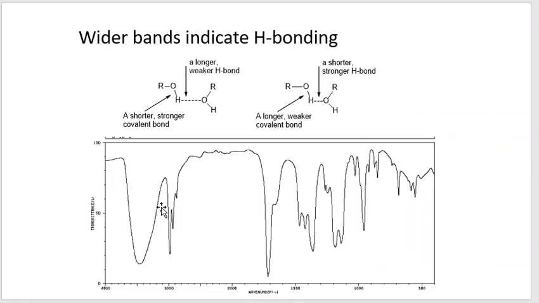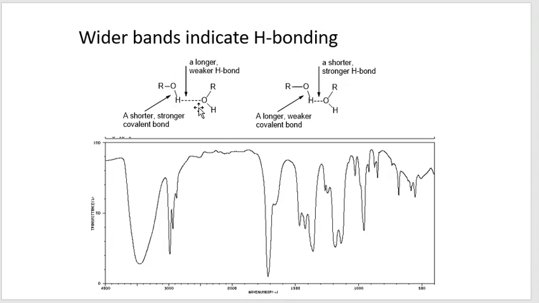Another thing to note is this band over here at about 3,500. That's really indicative of an OH group or something that's hydrogen bonding, and its position suggests that it's an OH group. The wider band comes from there being a range of lengths and strengths of hydrogen bonds in a sample. When you have a longer, weaker hydrogen bond, that corresponds to a shorter, stronger covalent bond, and vice versa.